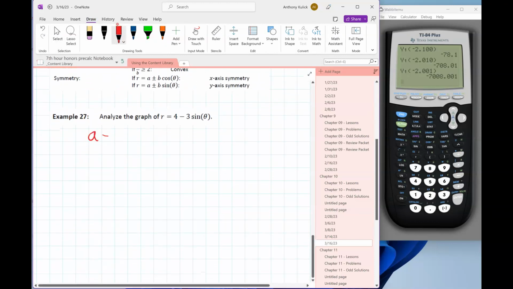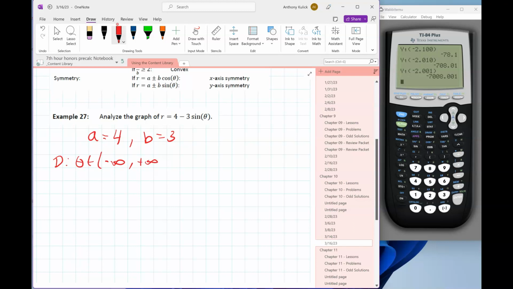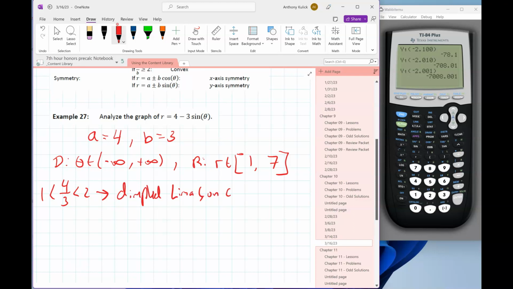All right, so if we want to analyze this, I'd start by just identifying that A is 4 and B is 3. So I know that the domain here is all real numbers. The range is A minus B, that's 1, to A plus B, that's 7. 4 over 3 is between 1 and 2, so this will be a dimpled limaçon.